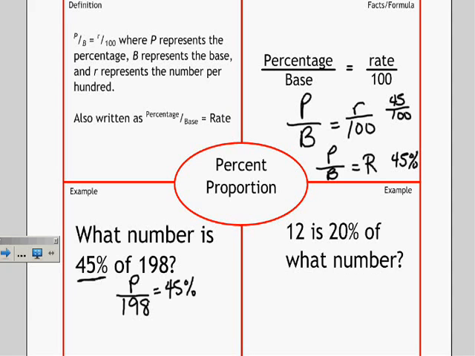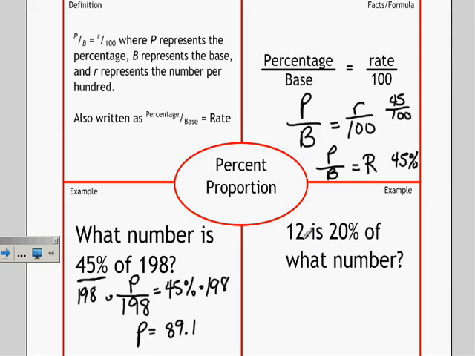So in order to do that, we need to multiply both sides by 198 to get 198 out of the denominator. And when I do that, I get 89.1. So our percentage is 89.1. And I would go ahead and leave it that way too. Don't round it to the nearest whole number.